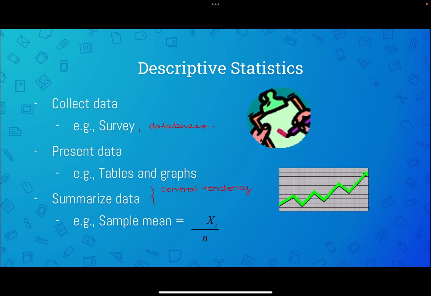And we're also going over dispersion. In this way, we want to summarize all of this data that we have collected and present it so we can make better sense of it, and so we can actually make decisions based on it.